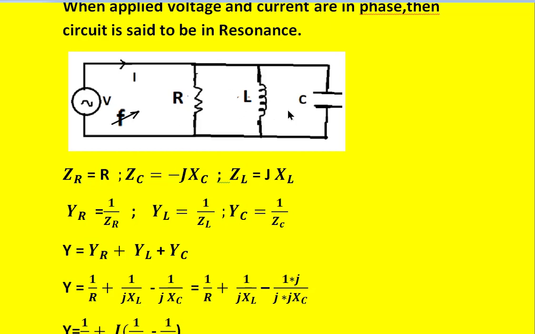Because it is a parallel circuit, it is easy to analyze with the admittance. So the admittance of resistance is YR equal to 1 by ZR. Similarly, the admittance of inductance is YL equal to 1 by ZL, and the admittance of capacitance is YC equal to 1 by Zc.